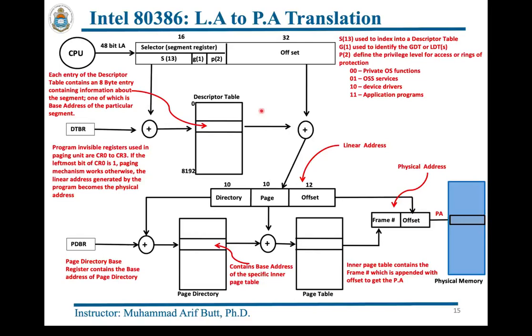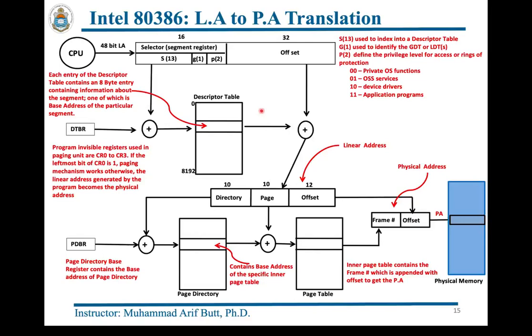And dear students, before I move ahead, let me give you the summary of the memory model of the three processors that we have discussed so far. In Intel 8080, we had the 16-bit address and used a flat memory model in which we convert one address value into its corresponding physical address value directly.